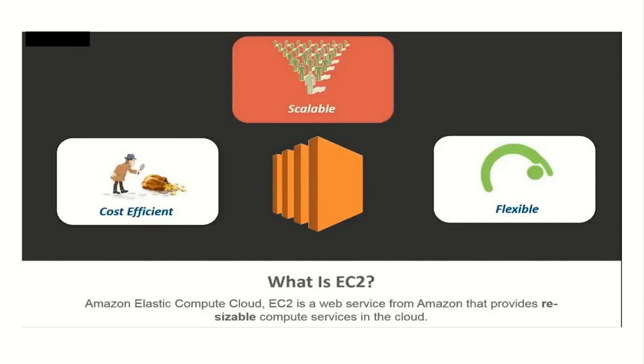We would be talking about those models as well, so meanwhile, just wait with me. So EC2 is a computation service, and it takes care of the following pointers. It is easily resizable, cost efficient, highly scalable, and these features make it highly flexible as well.